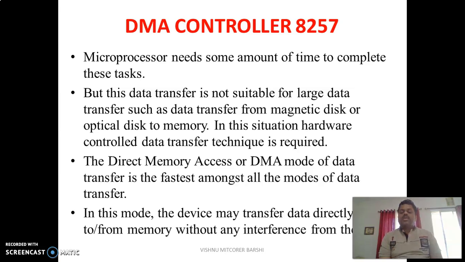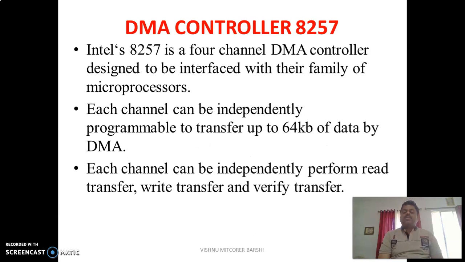In this mode, the device may transfer data directly to the memory or from the memory without any interference from the CPU. Intel's 8257 is a 4-channel DMA controller designed to be interfaced with their family of microprocessors.